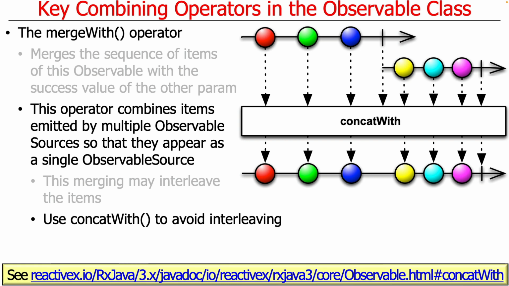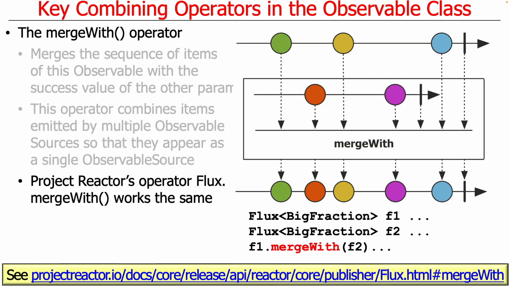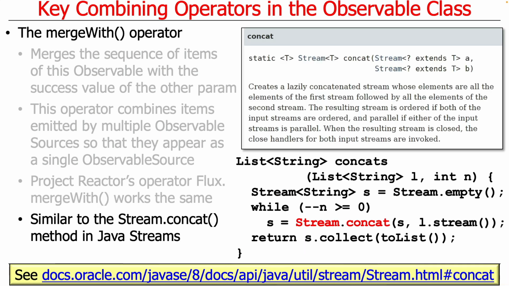Not doing interleaving is often more efficient because you can just merge things as they're emitted, whereas with concat, you have to buffer them up till everything's done with the first one, then you have to put all the rest behind it. Project Reactor has a mergeWith operator that works essentially the same way. Interestingly enough, the streams framework has a concat method that works kind of like concatWith.